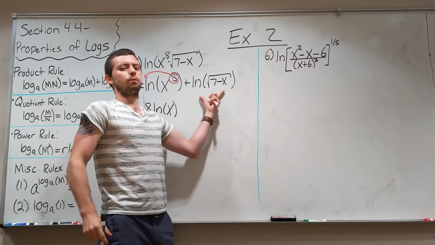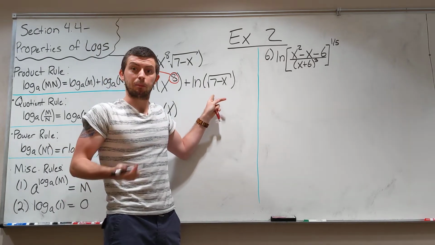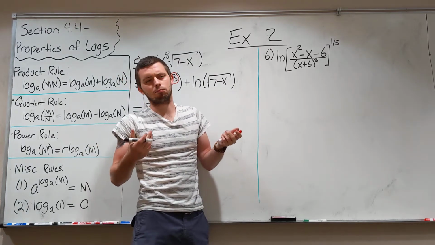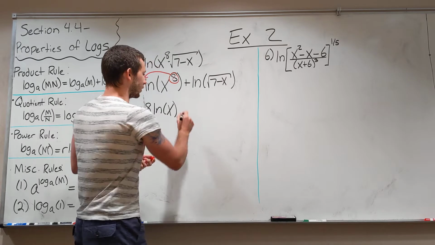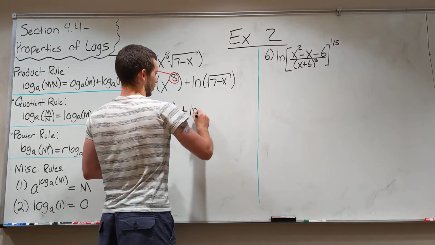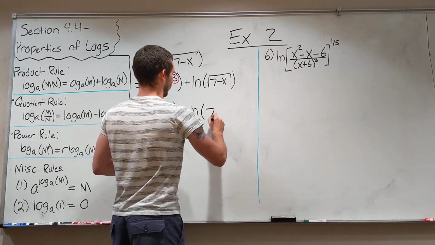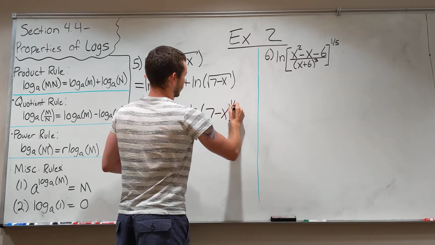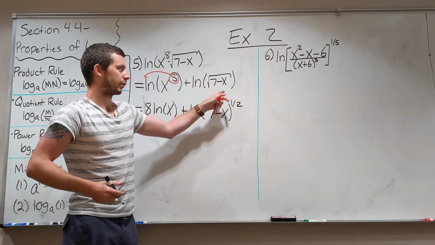Over here though, it may not look like it, but a square root function is a power. And maybe you do or don't remember, it's been a while since we looked at it. The square root actually represents the 1/2 power. So we're going to rewrite this as the 1/2 power instead of the square root of 7 minus x.